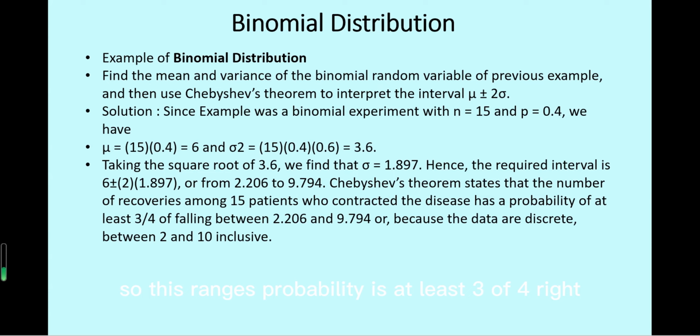So this range's probability is at least 3 of 4, right? We can say in this case the probability of the random variable x between these two values is at least 3 of 4. We take integer values because in this case x cannot be a real number. So we can say between 2 and 10 the probability is at least 3 of 4, following Chebyshev's theorem.